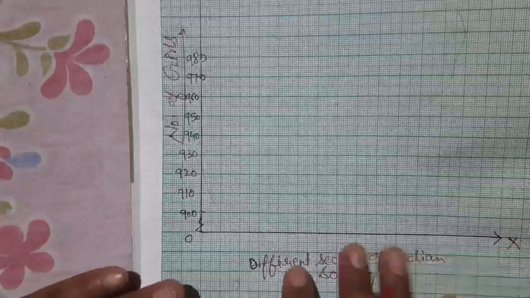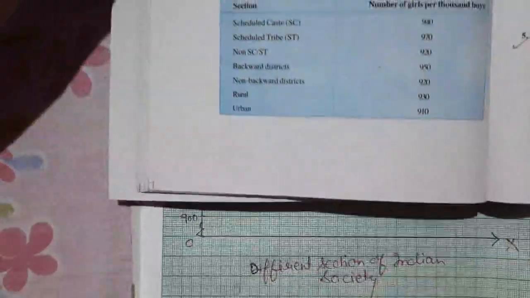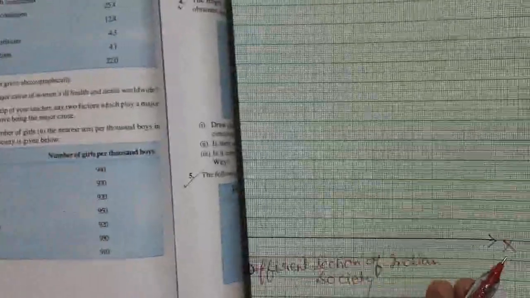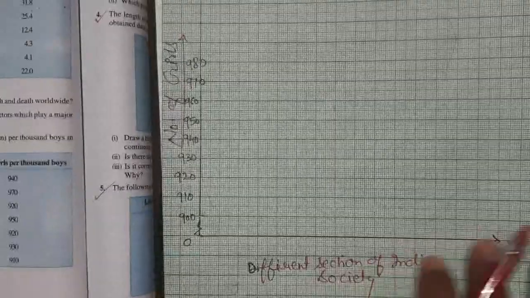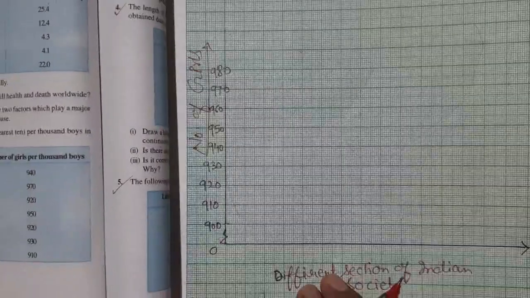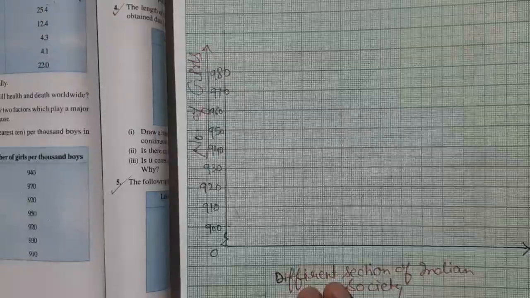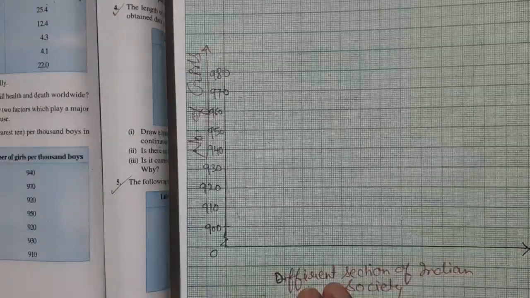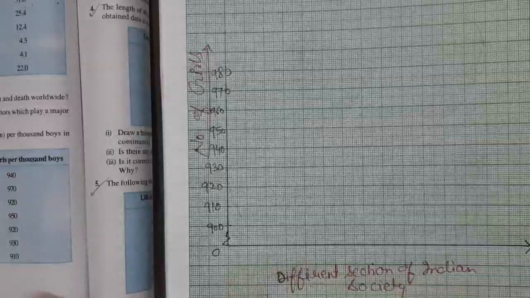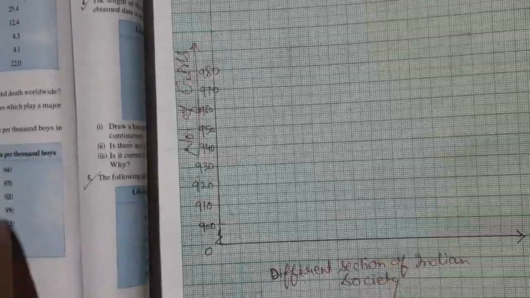Now the first observation is 940. I am keeping my book here so we can easily see the first observation. You can see over here, 940, for the scheduled caste. So I will draw the bar graph line for this.